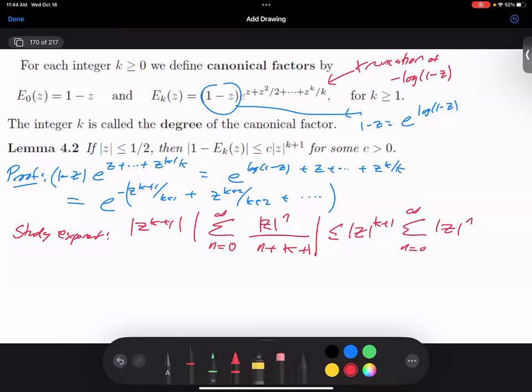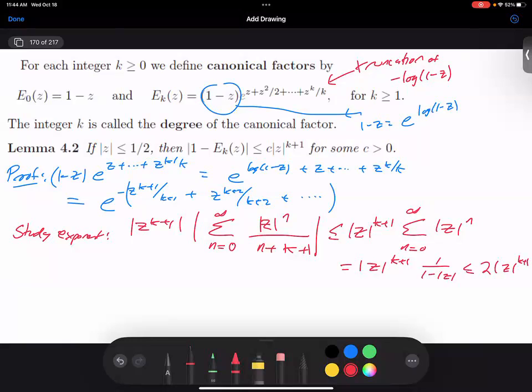And so over here, this is going to equal the absolute value of z to the k plus 1, and then we have 1 over 1 minus the absolute value of z. And that's going to be less than or equal to 2 times z to the k plus 1, because z is at most 1/2. So the larger z is, the smaller the denominator, the bigger the number.